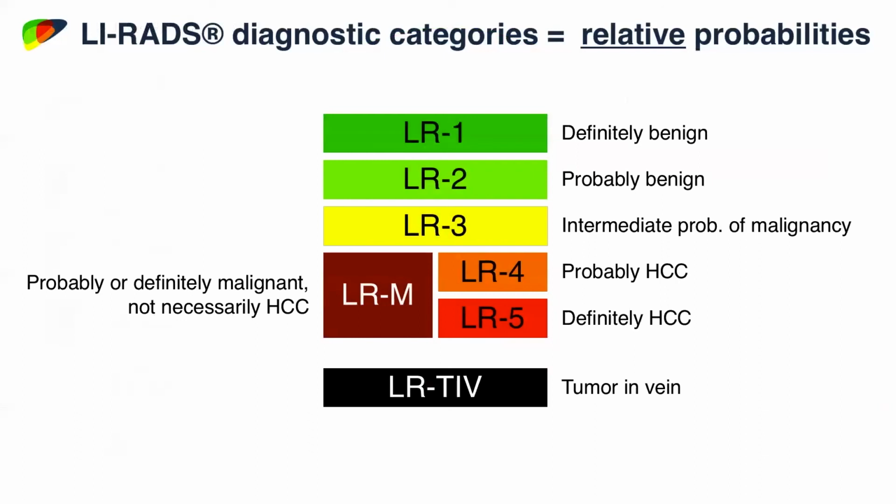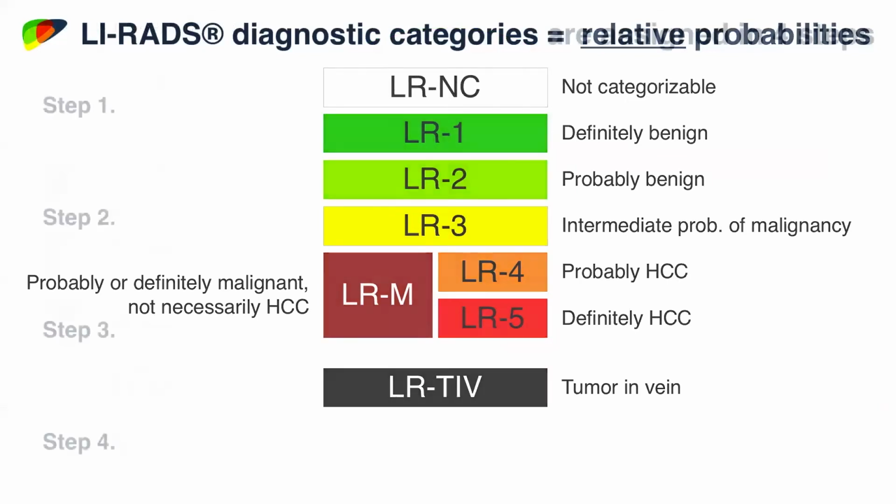And then you put the patient on immune suppression so they don't reject the liver transplant. And if you suppress someone's immune system, what happens to all these little tiny metastases? They grow very, very fast. So if you do a liver transplant in someone who has metastatic disease, all you have done is hasten their death. So you do not want to do a liver transplant in someone with LR-TIV because the probability is very high that they already have metastases outside the liver.